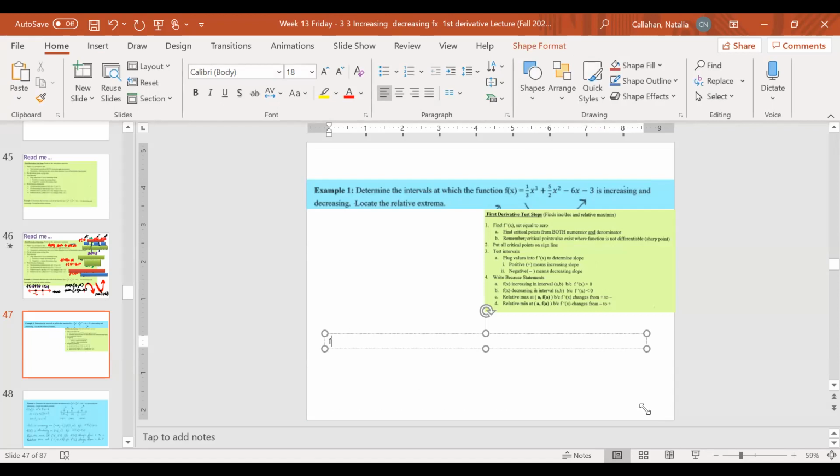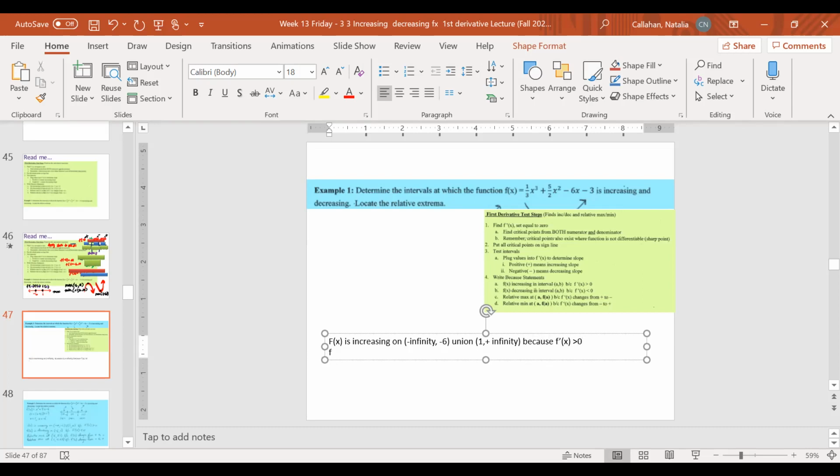I will just say that f of x is increasing on (negative infinity, negative 6) union (1 and 8, or positive infinity), because f prime of x is greater than 0, okay?